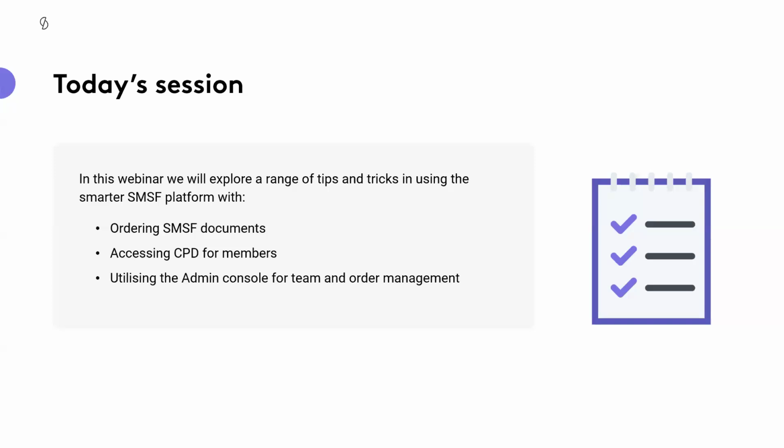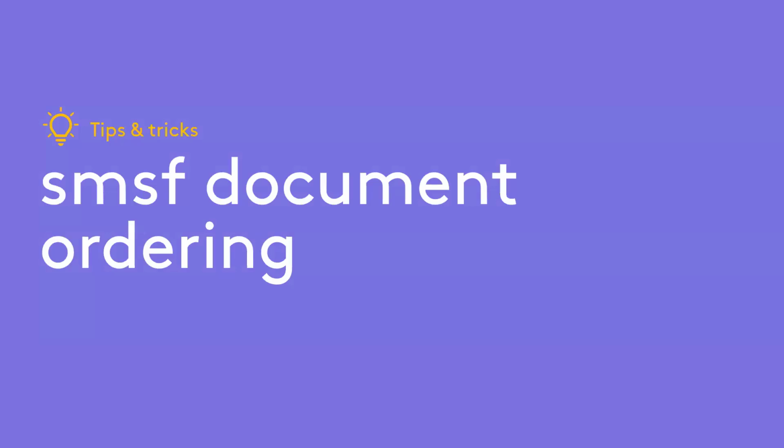So we'll be giving you some tips and tricks around that admin console, which is really only relevant for the management level and above within an organization, but it will just give you some insights as to what is going on if you might not have access, but what the platform and the power of the platform can actually do. And as I mentioned, we'll finish off with just a few general things around subscriptions and what steps you need to take. So David, let's get stuck into our SMSF document ordering.